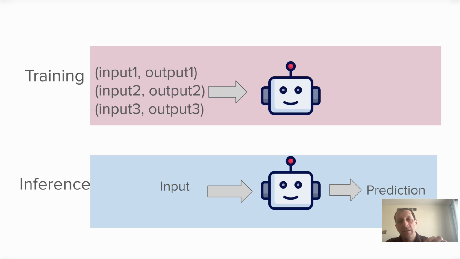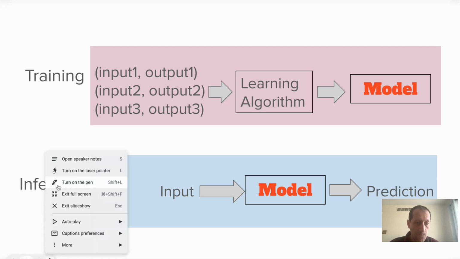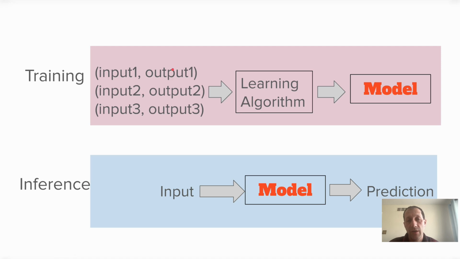Now, what is this robot? Let's look a little more closely at it. Essentially, you have a learning algorithm. So let me get my pen. All right. So in the training side, you have a learning algorithm that ingests these data, and it comes up with a model of how the inputs map to the output.